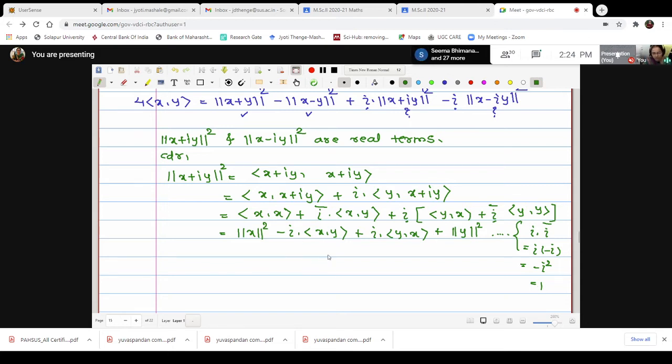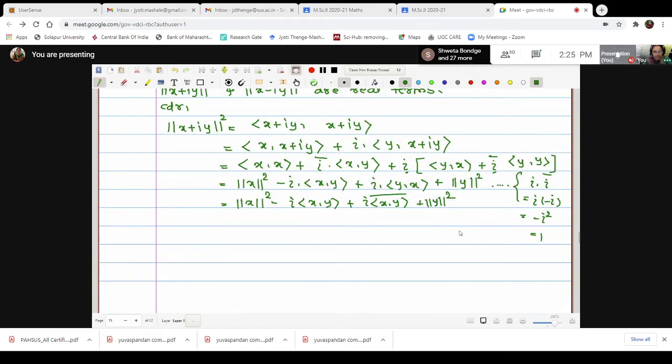Now, what will I do? This middle term we will replace. Norm square of x, minus i times inner product xy, plus i times inner product xy conjugate, plus norm square of y. Right, assuming this as an inner product, we are showing this is real.